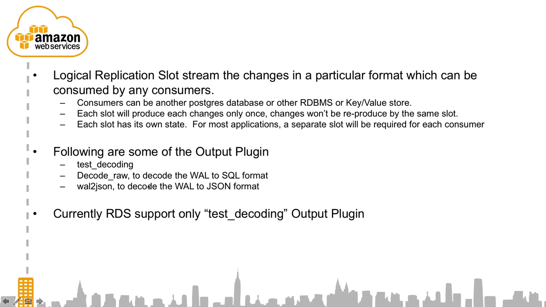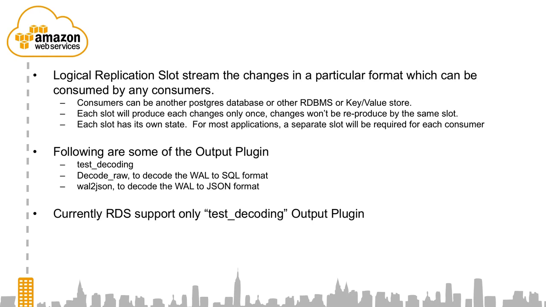And if you want the WAL converted to JSON format, there's an output plugin called wal2json. With RDS, RDS supports only the test_decoding output plugin, which comes by default with Postgres, and these converted WALs are then streamed in the replication slots.